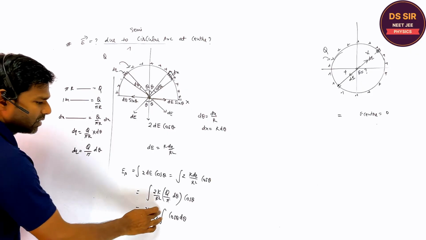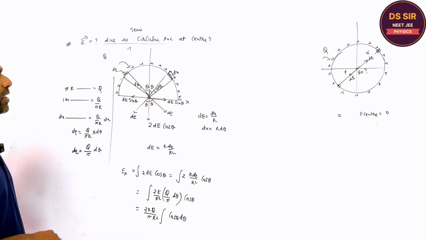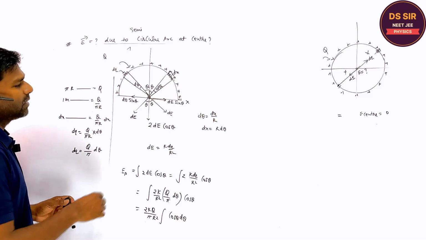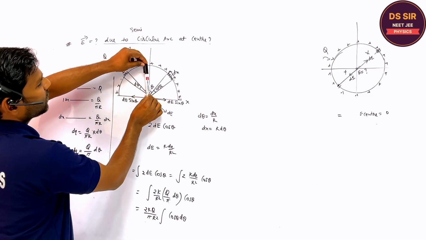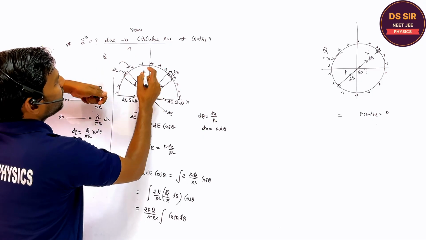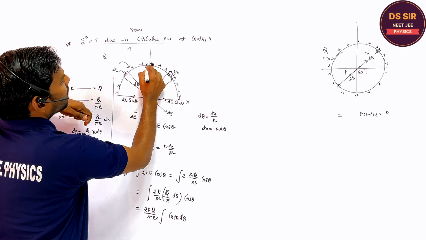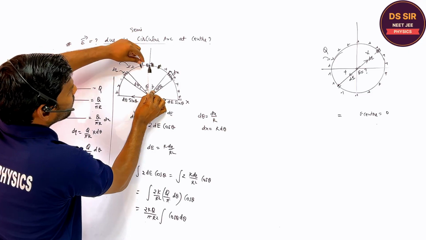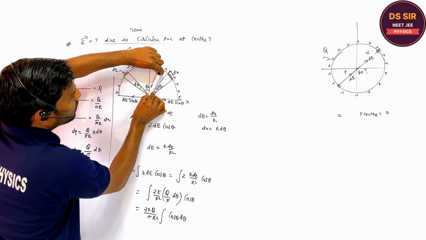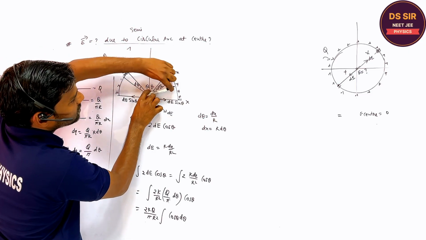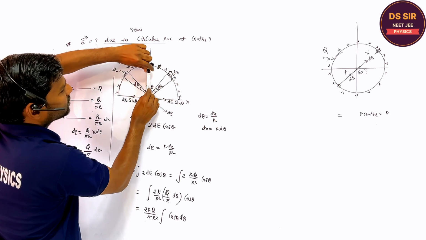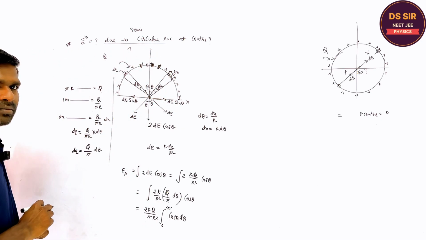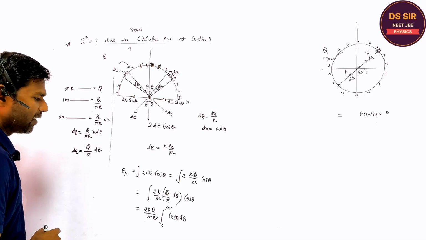Now only the limit remains to be put over here. From where to where are the elements present? The elements start from here. This is the element. This is the element. This is another element. So the elements start from theta equal to 0, then 30, 40, 50, 60 degree up to 90 degree. Is it clear or not? So 0 to 90 degree, you have to integrate.